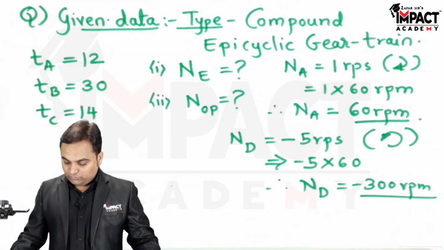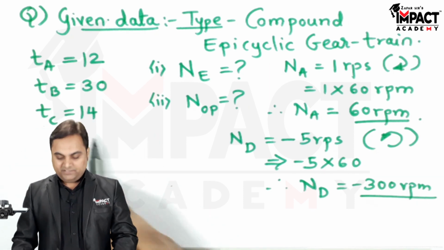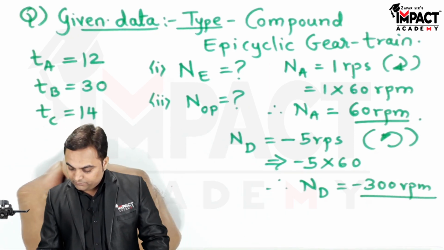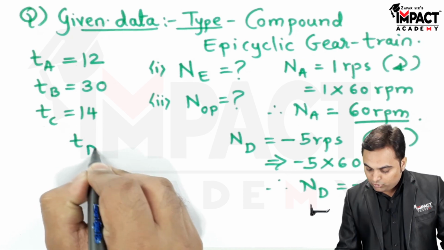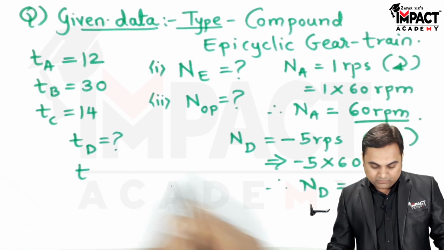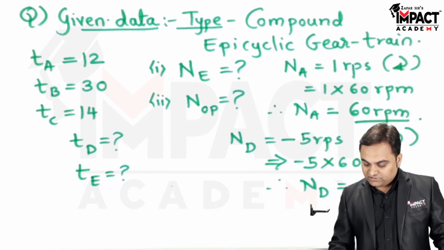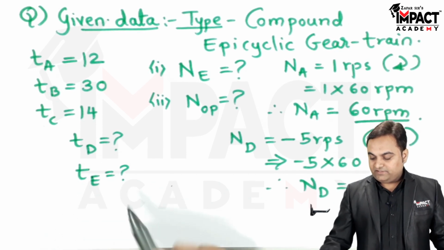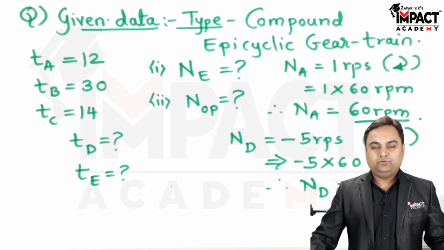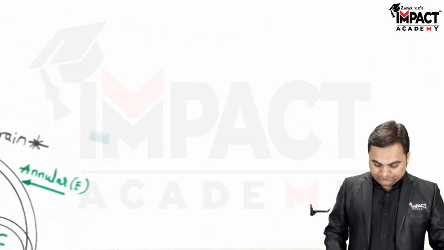From the data given to us, we have the number of teeth on A, B and C. It means we have to find out the number of teeth on wheel D, that is the unknown, and the number of teeth on wheel E. So at first I would be finding these number of teeth and then we would go into the further part of the problem. So let's get started with the solution part.